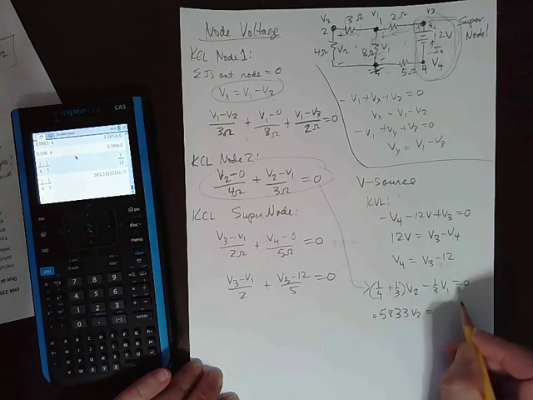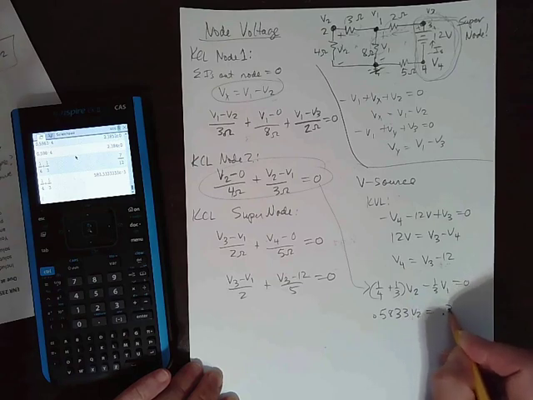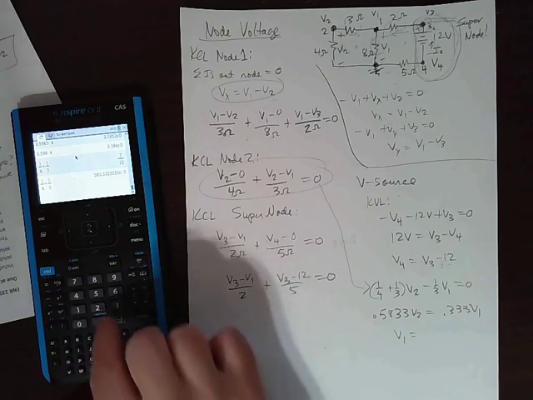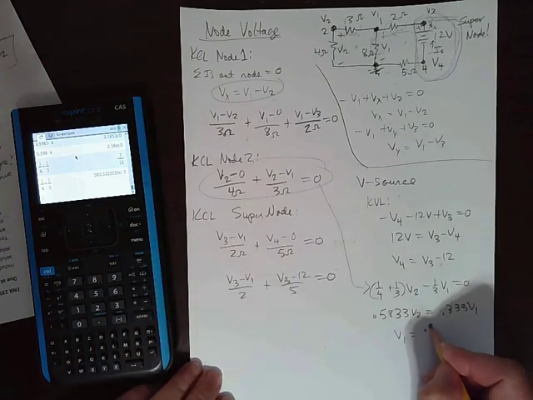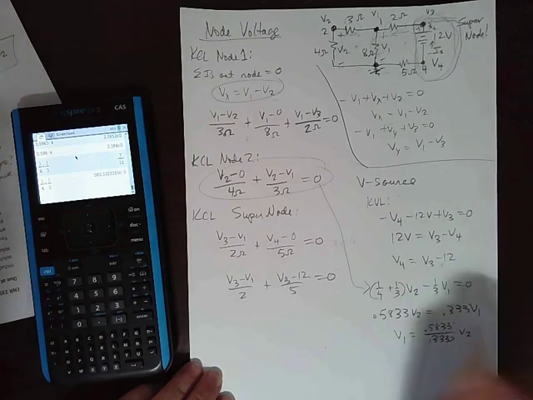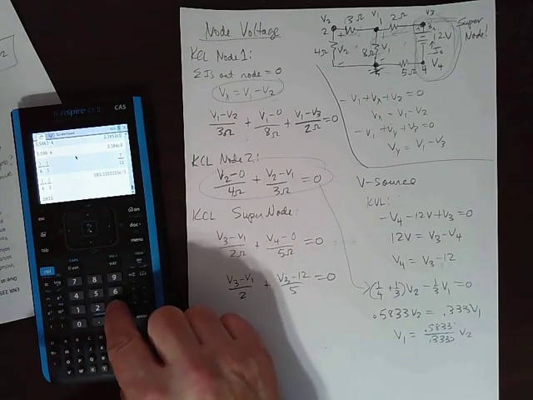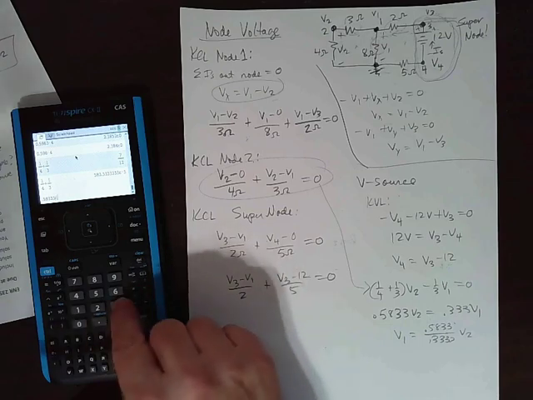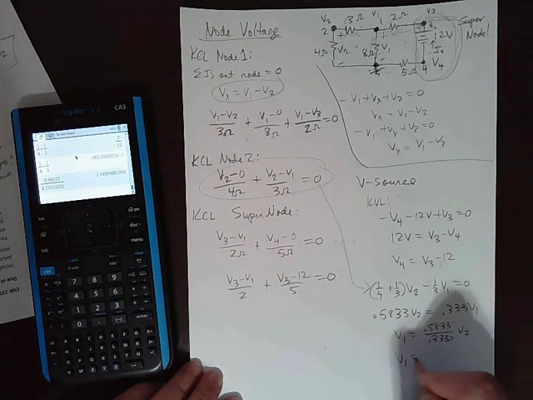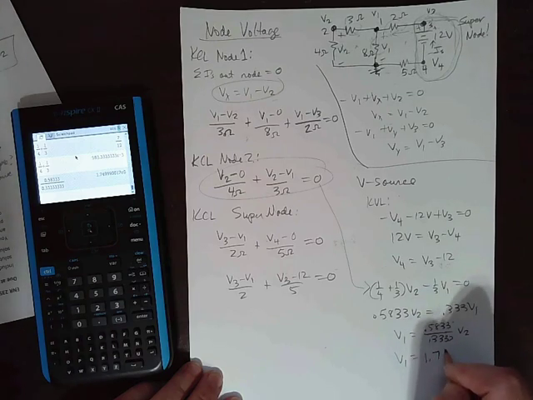V2 equals 0.333 V1, or V1 equals 0.5833 over 0.3333 V2. 0.58333, a whole bunch of threes, divided by 0.3333. So V1 equals 1.750 V2.